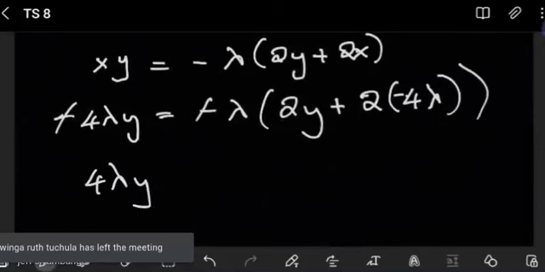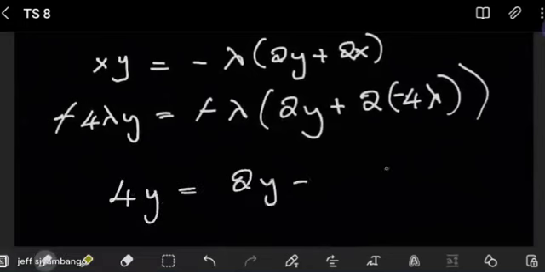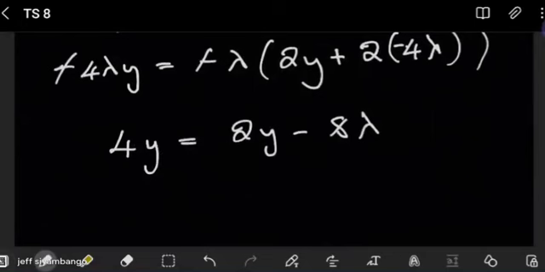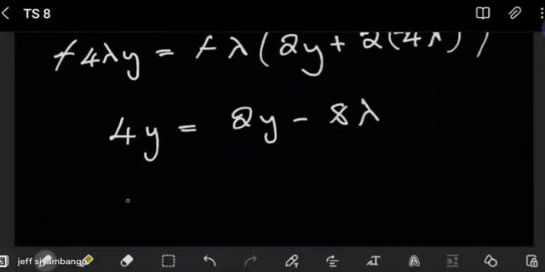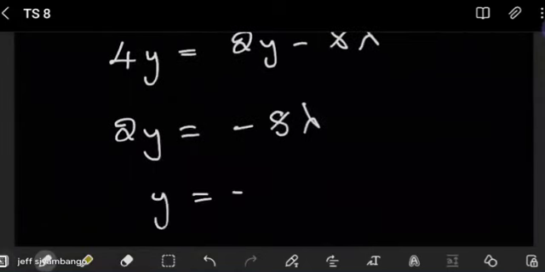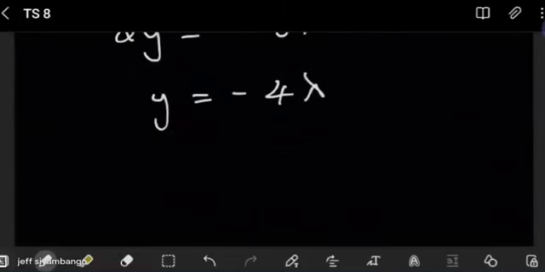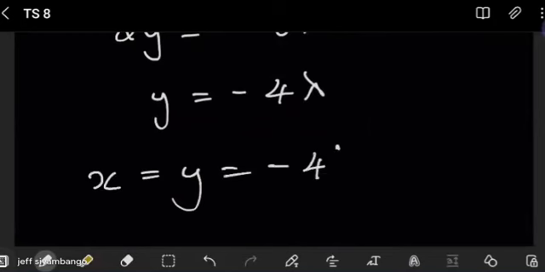Lambda cancels here, so that I have 4y equals 2y minus 8 lambda. Okay, so yeah, this is what I have. The 2 goes to the left. I now have 2y equals minus 8 lambda, so that y equals minus 4 lambda. We're now seeing that x equals y, and in this case, we're getting minus 4 lambda.